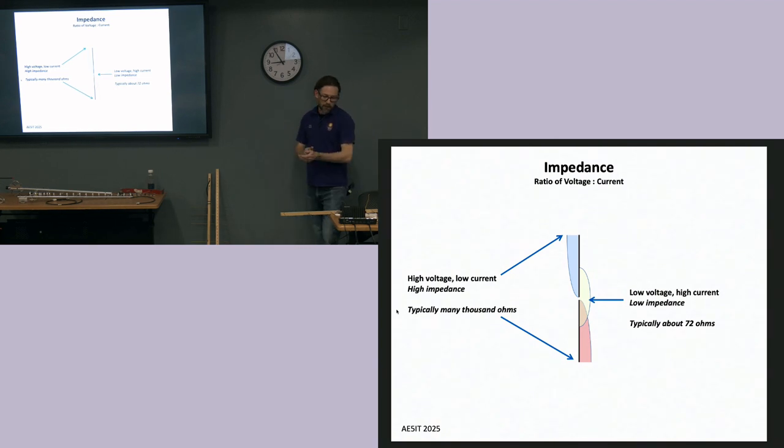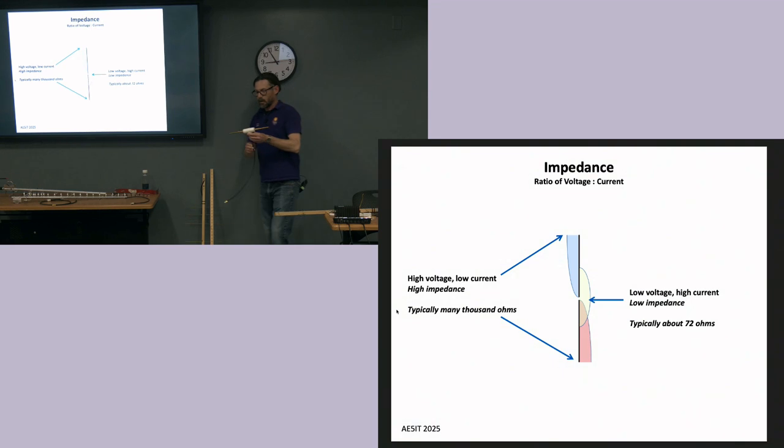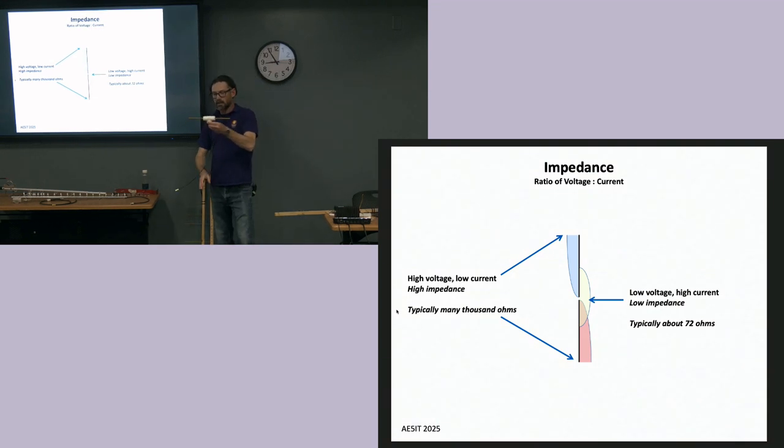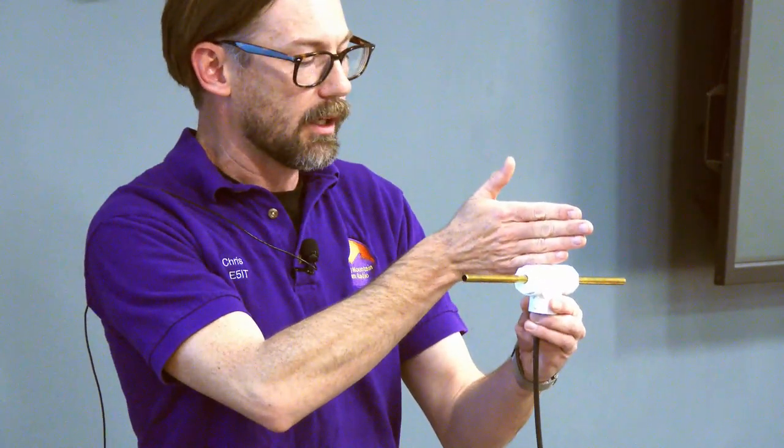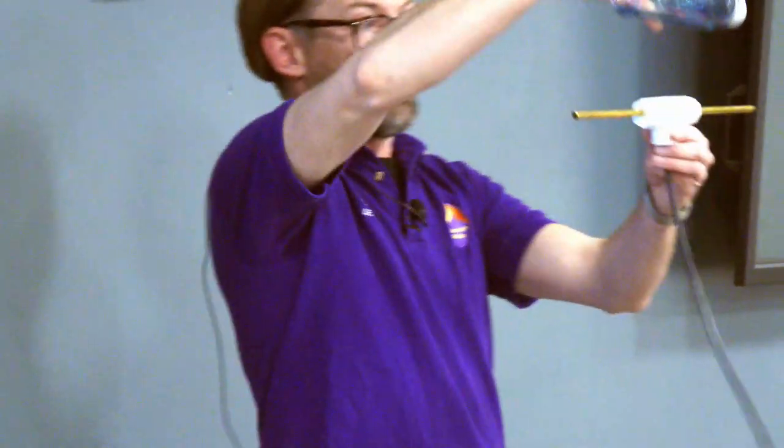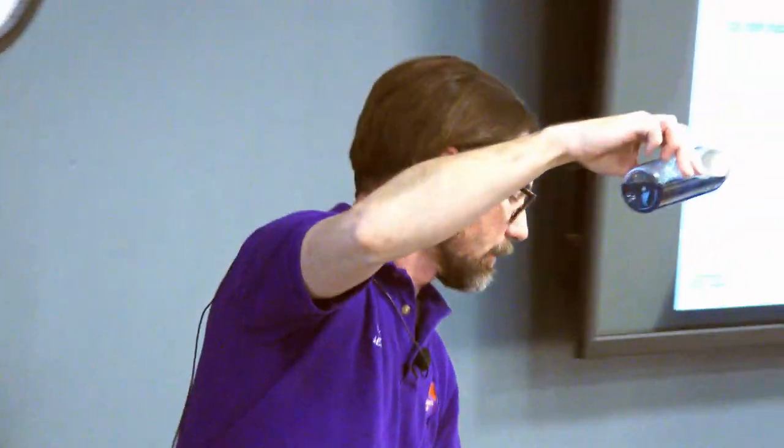This word, impedance. So I'm going to go back to my dipole here. I mentioned that on the dipole, when we feed it in the center, there's this current maximum here. All of your electrons flowing back and forth in your dipole, right?